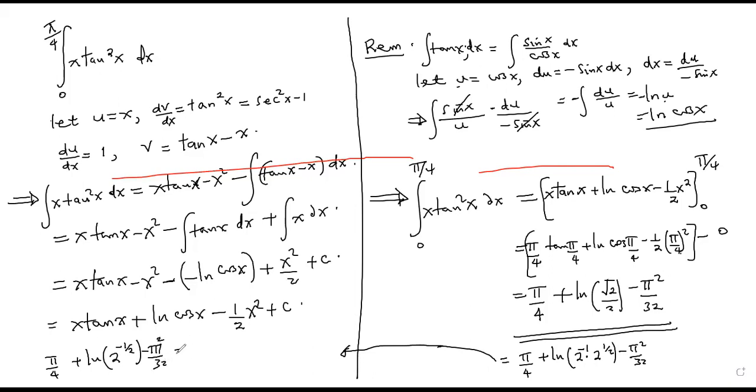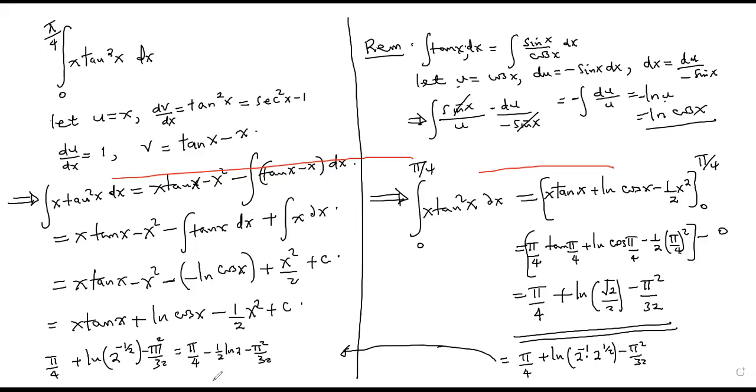This is going to equal pi over 4. Ln behaves like a logarithm, so this half will come here. So it will be minus a half ln 2, and then minus pi squared over 32.